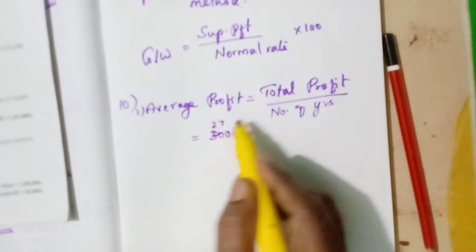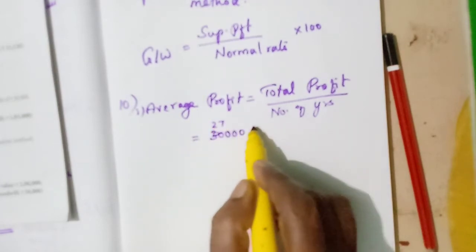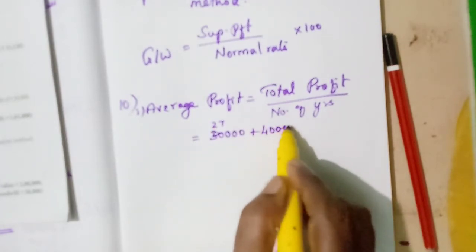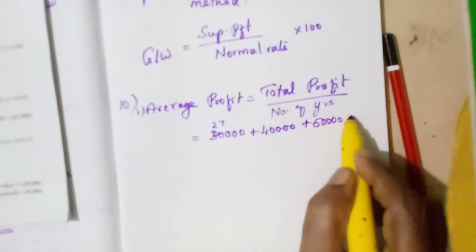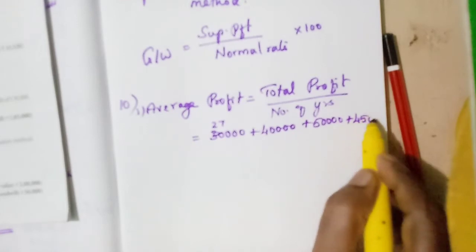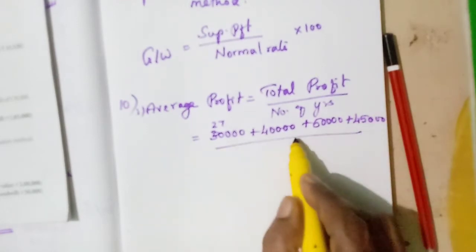So 27,000 plus 40,000 plus 50,000 plus 45,000 divided by 4.